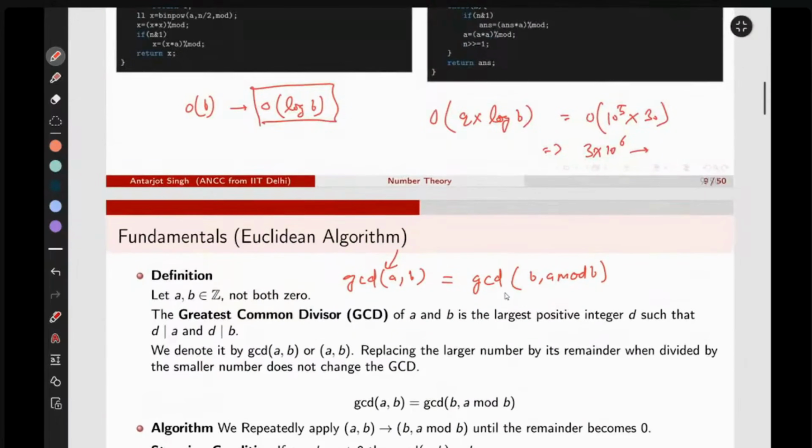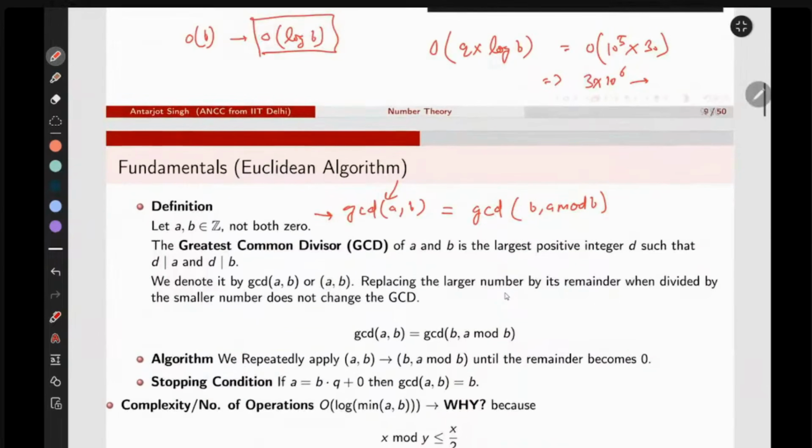It's true because of the fact we studied: if A divides B and A also divides C, then A divides B plus C and A divides B minus C.